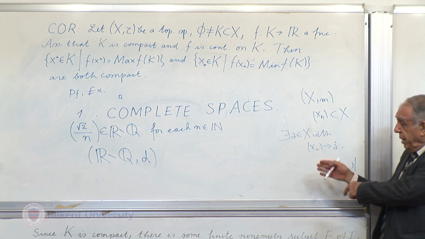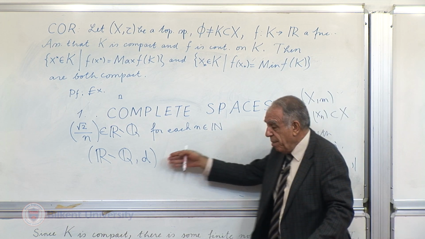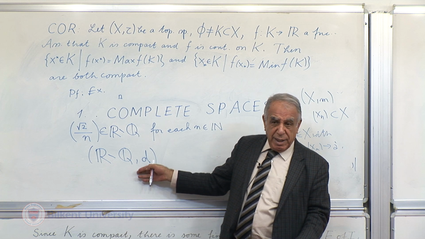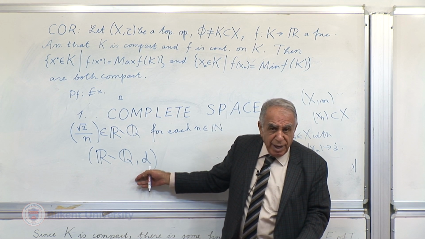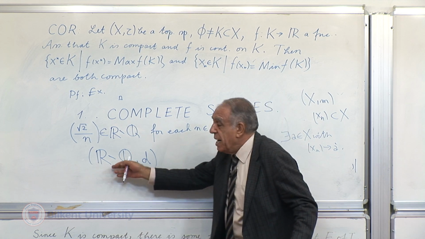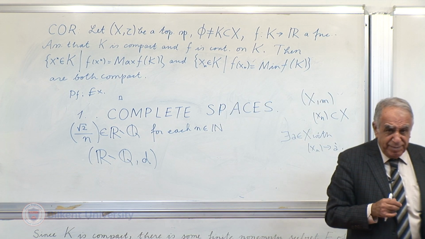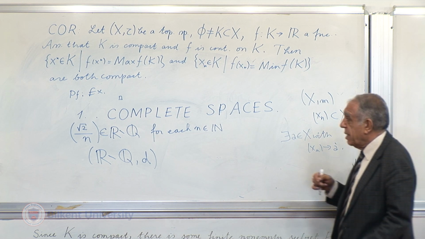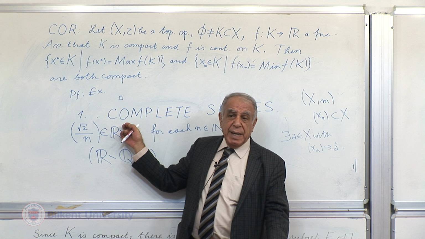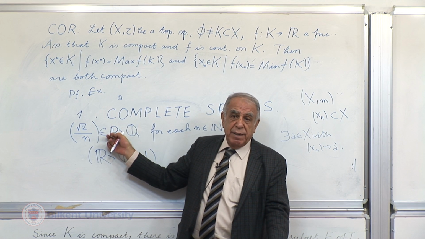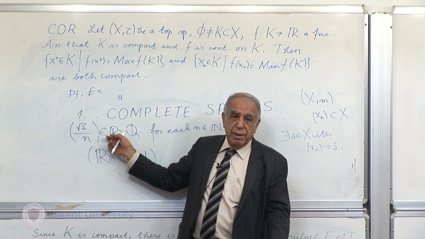If we read this general definition back in this context, for this to be convergent, there should exist an irrational number, say A, such that this converges to A. In R_d, where does this converge to? To 0.